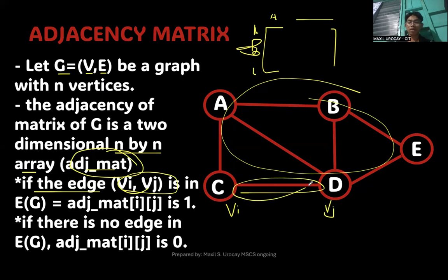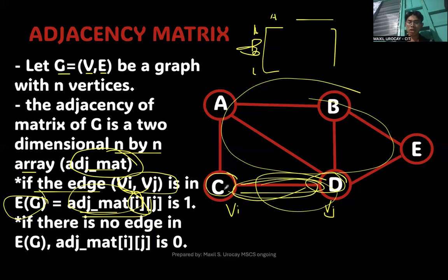If the edge between them is present in the graph, that is, if the vertices have a relationship with each other, that means you have to print one.